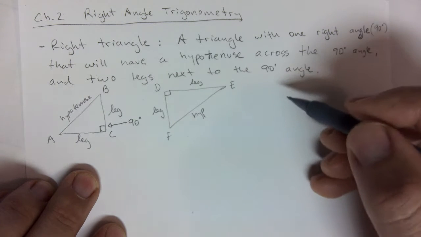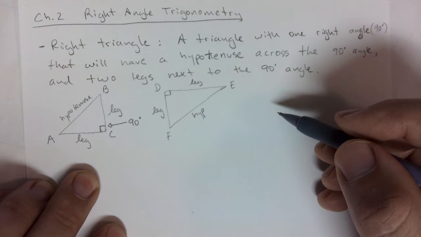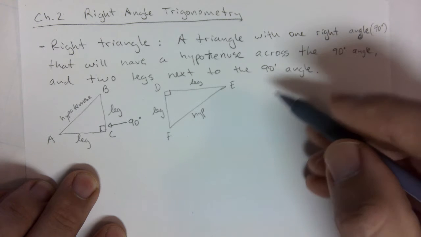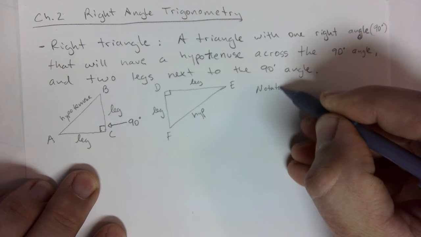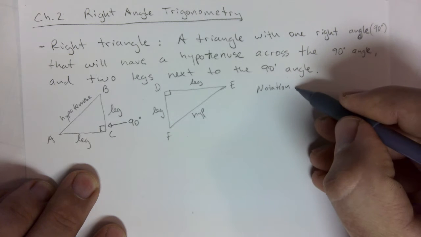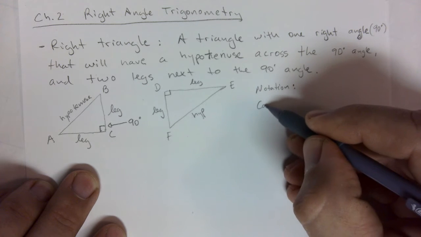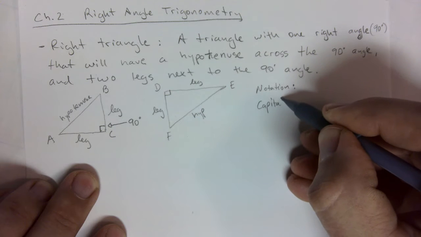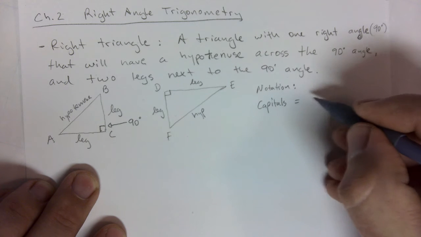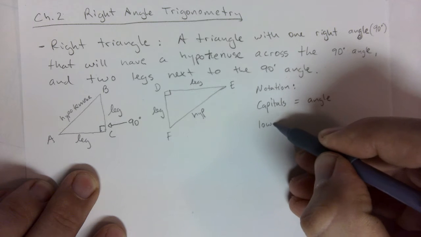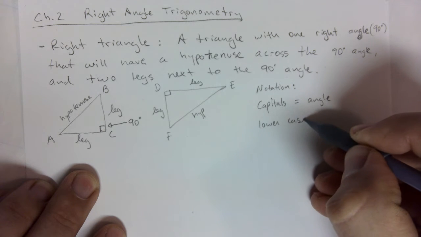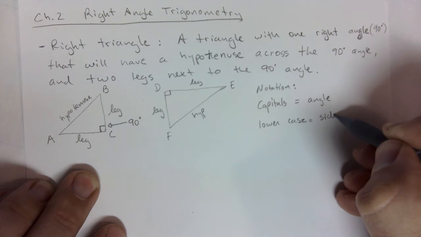I will also add capitals for notation. Capitals would be an angle, and lowercase would be a side length.